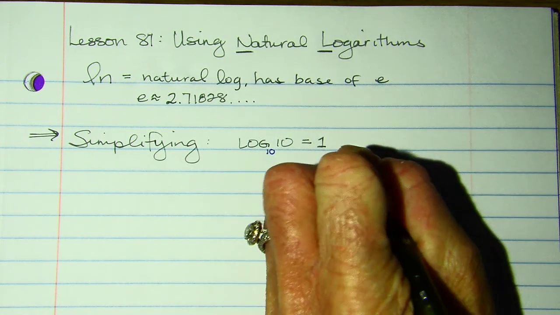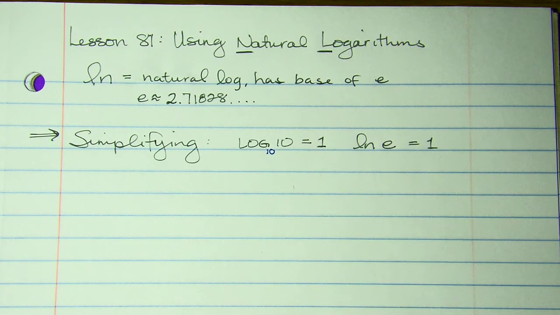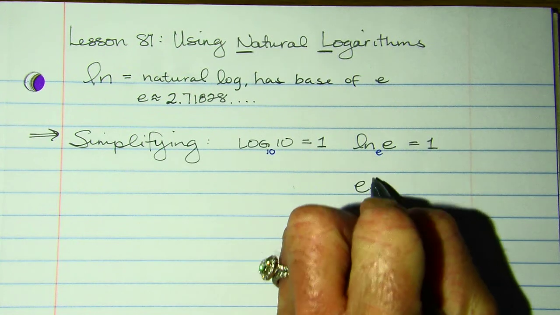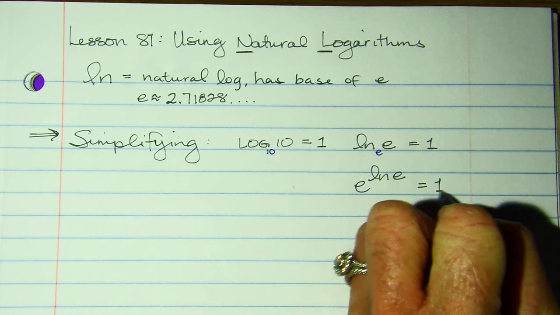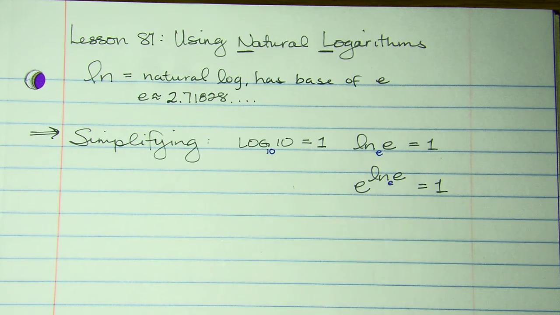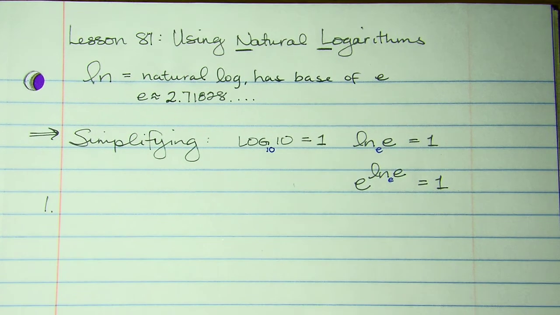The natural log of e is also 1 because my invisible base is an e, and so it cancels. The same would be true if I had e to the natural log of e. That also equals 1 because these have the same base. It would all cancel.